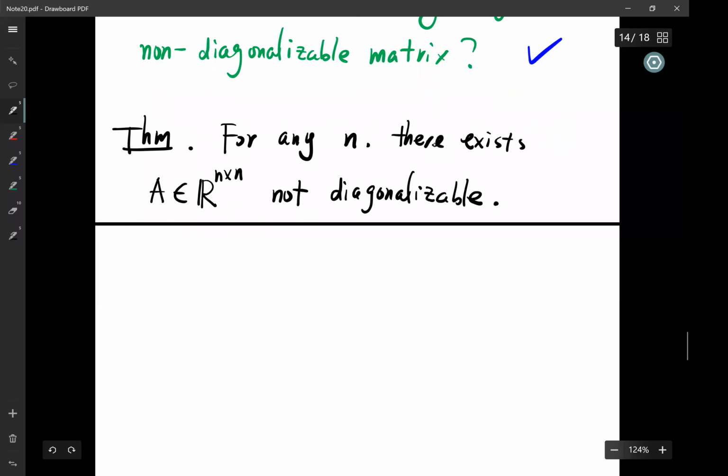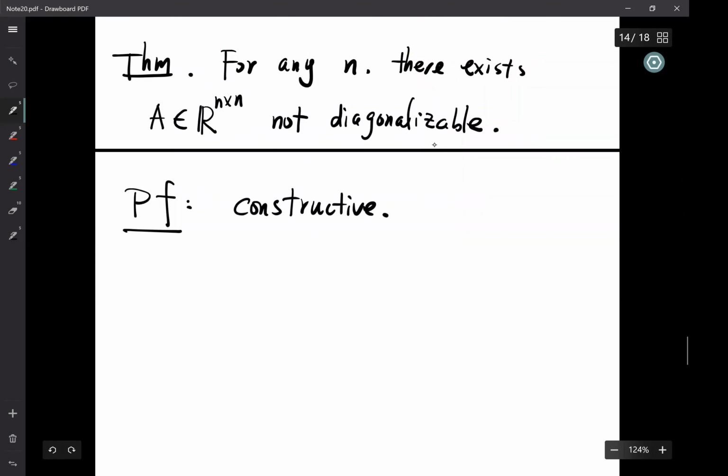This example is actually very characteristic, and I hope you can understand. The proof is constructive, which means that I'll just give you an example. I'll directly construct such a matrix A. For any lambda, in R or C, that's fine, I put lambdas on the diagonal, so there are n rows.